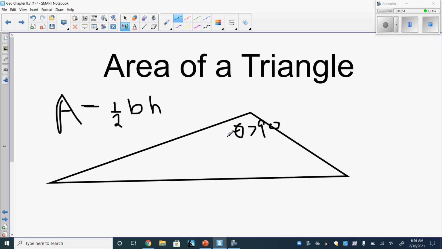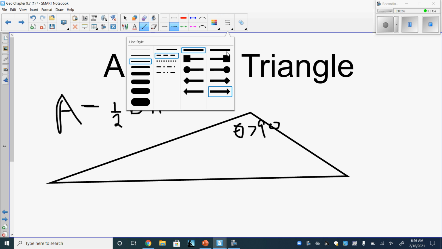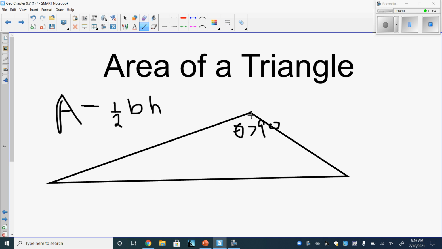little bit hard to actually find out what the height is, because the overall height of this triangle could be this here, or it could be a length that is extended out here.